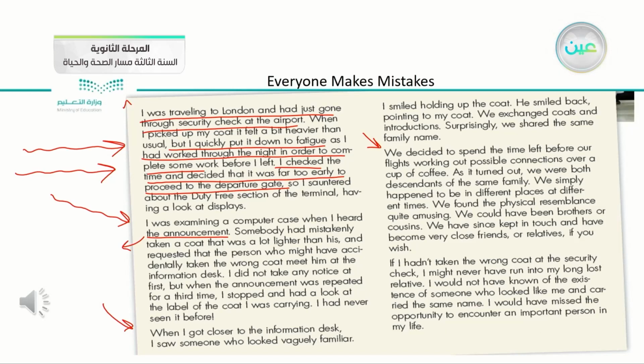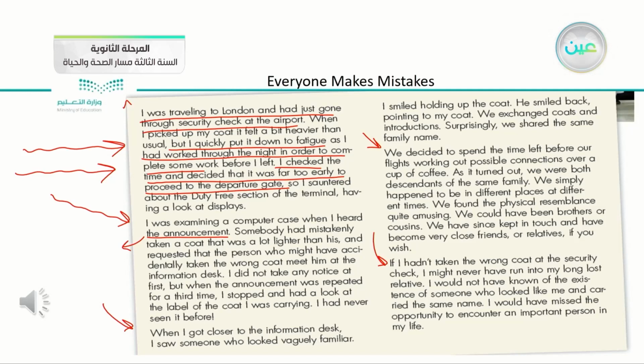So you can follow the same way, writing about the mistake that you have committed, then it turned out to be a good thing, by following this order. And after that, you can summarize, or let's say talk about the good thing behind this story.